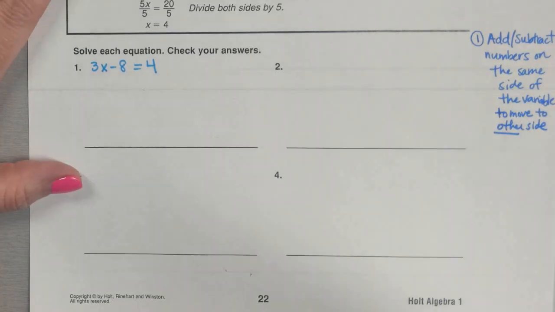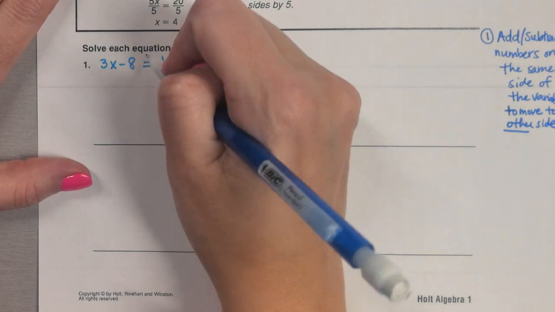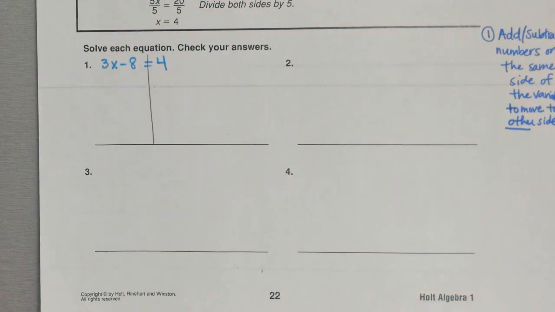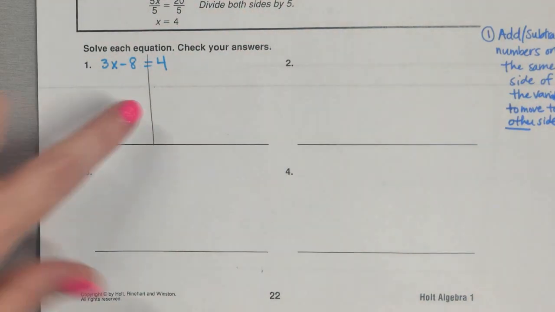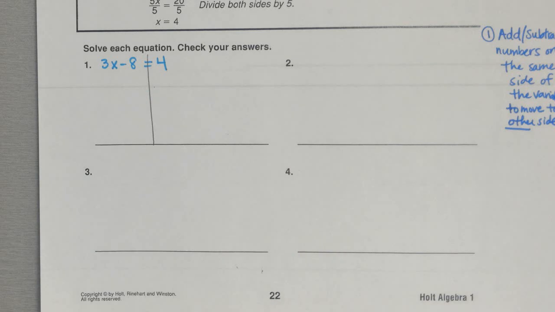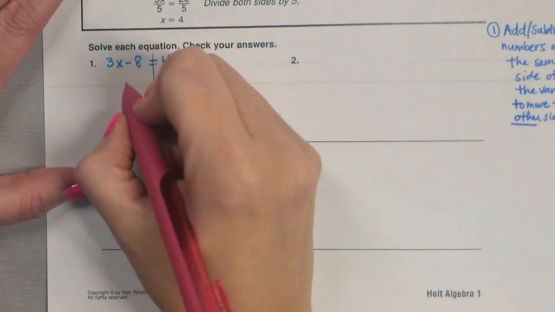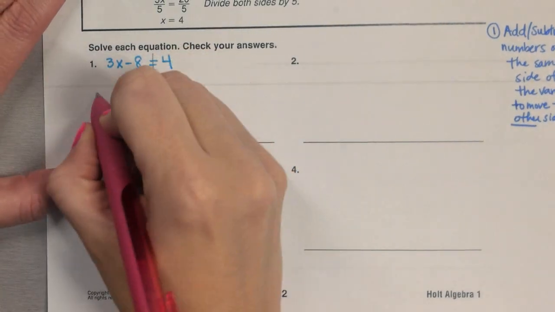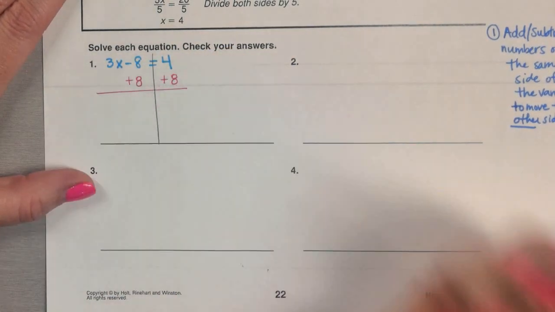Why are we going to add instead of subtract? Yes, you want to make it a 0. Great. Something else we're going to do is put this line wherever the equal sign is, because that's what you're going to cross over. So you're going to do the +8 here, the +8 here.